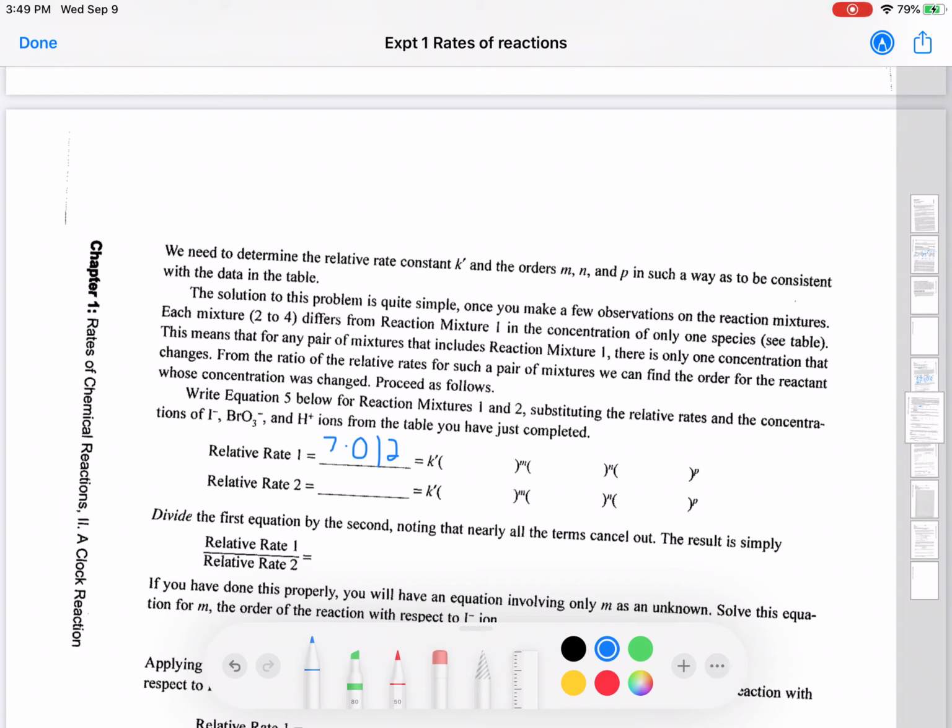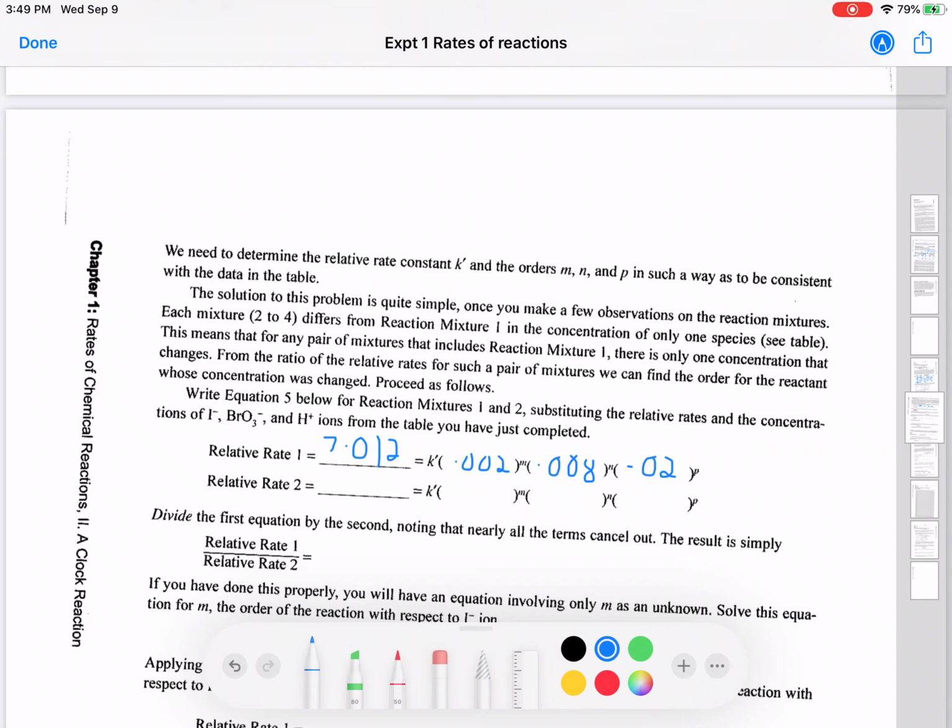So the first one, iodide concentration is 0.002. The second one, the bromate concentration, 0.008. And then the third one, H plus 0.02. You take this information from the table where you have reaction 1.